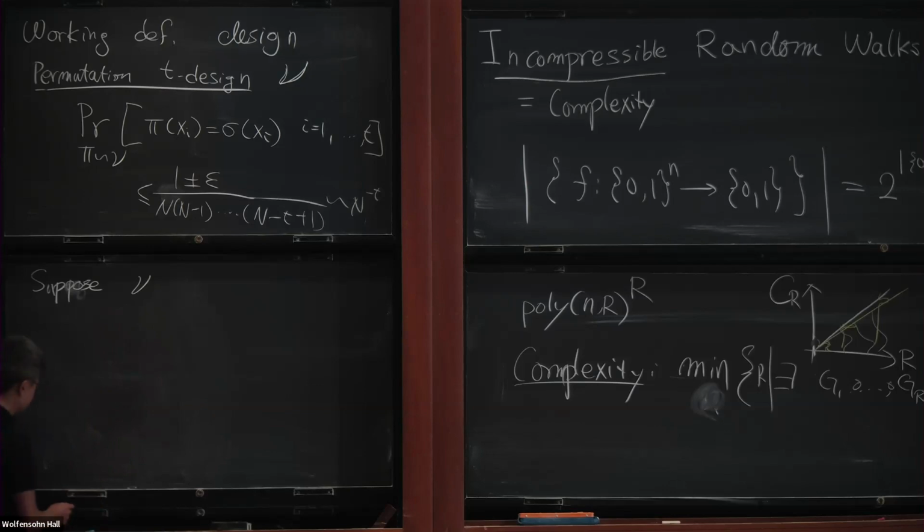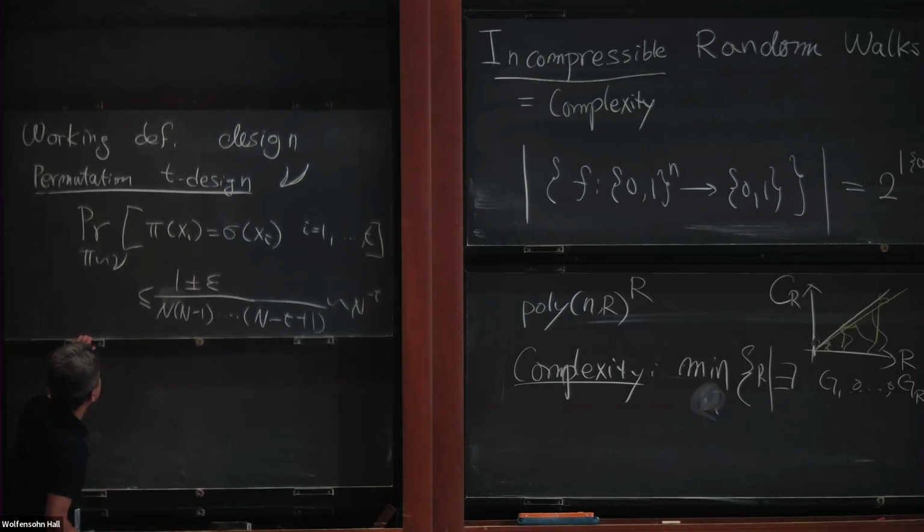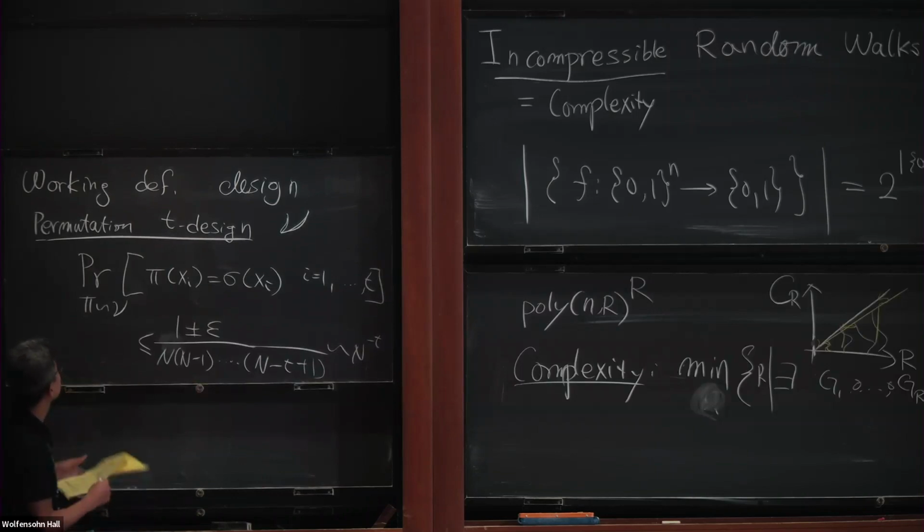Sorry, can you just explain that a little more? So it's XI or bit string? Yeah, maybe right, XIs are bit strings, so. The probability is over the permutation? Probability is over the permutation group. Yeah, it's permutations of the bit string, not of the bits.